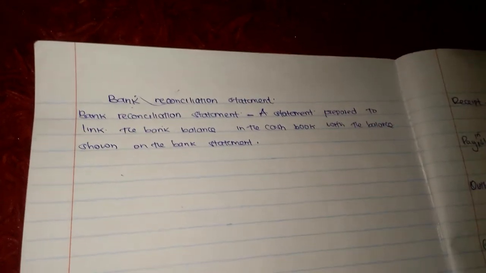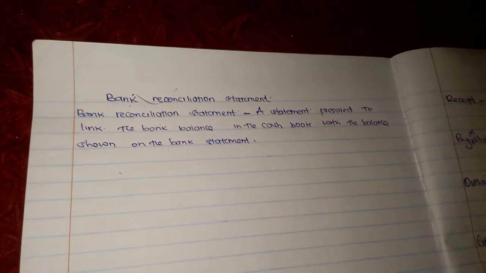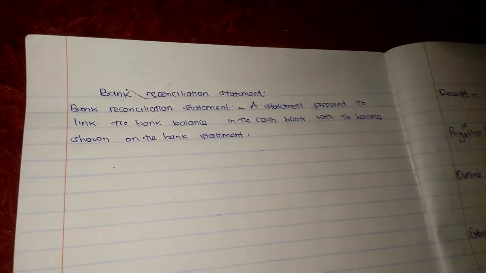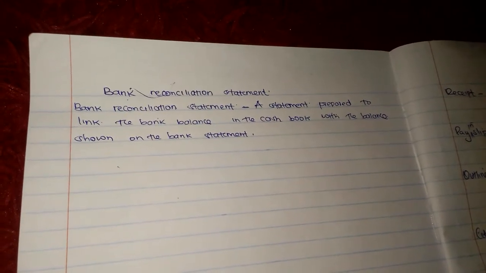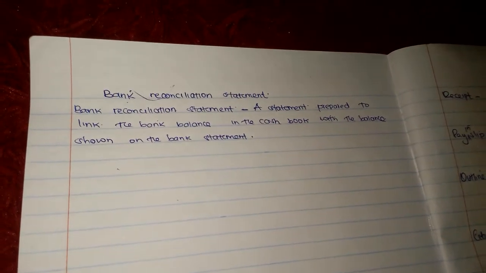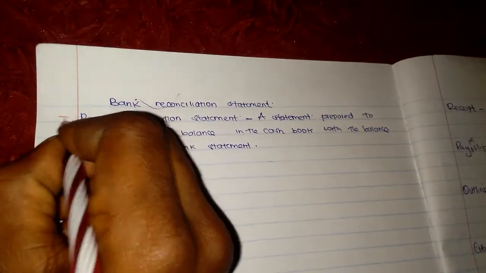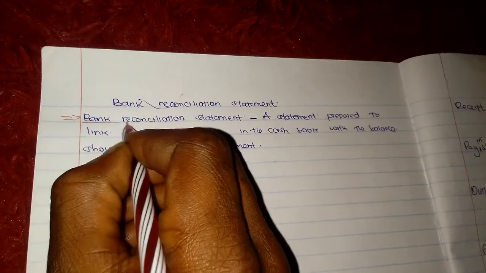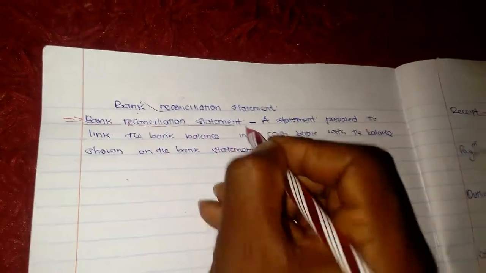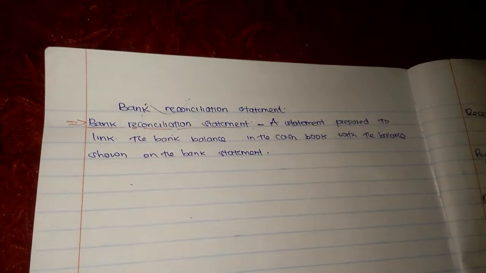That's a bank reconciliation statement. The definition: it is a statement prepared to link the bank balance in the cash book with the balance shown in the bank statement.